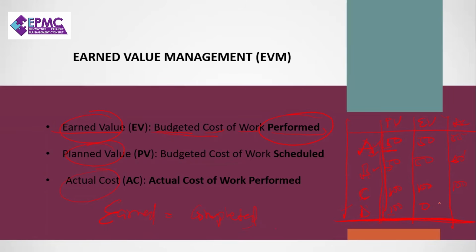So remember this, when you have completed it, end value is 100%. You've earned the total amount. When it has not been completed, has not started, end value is 0. When you are halfway through the task, what will be the end value? 50%. So 50% done, end value is 50%.